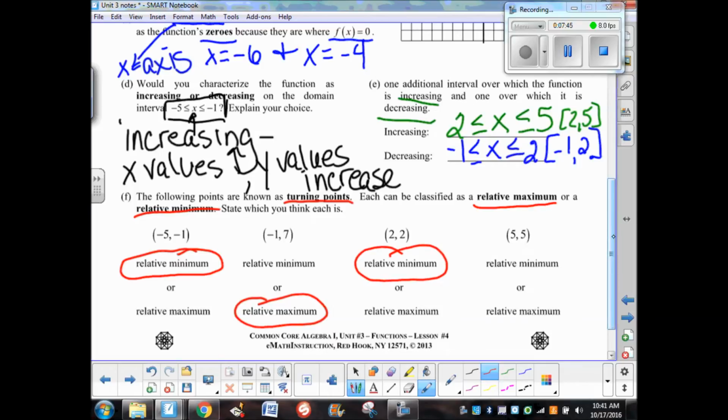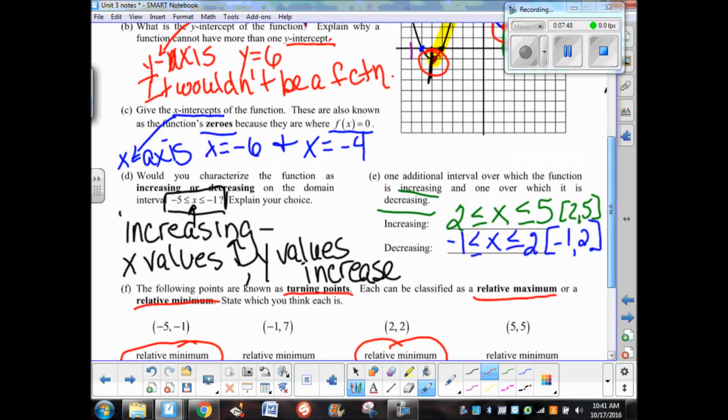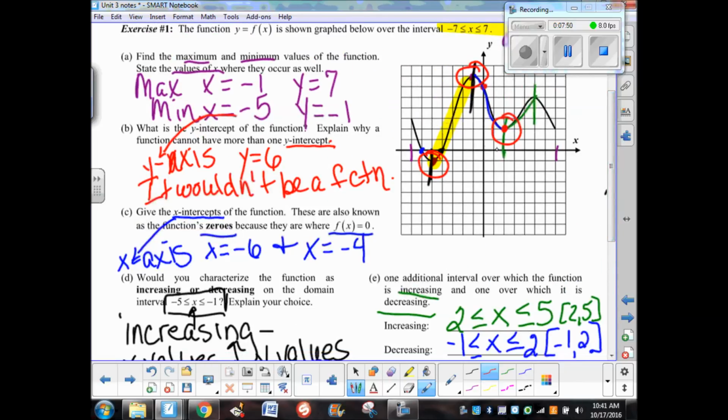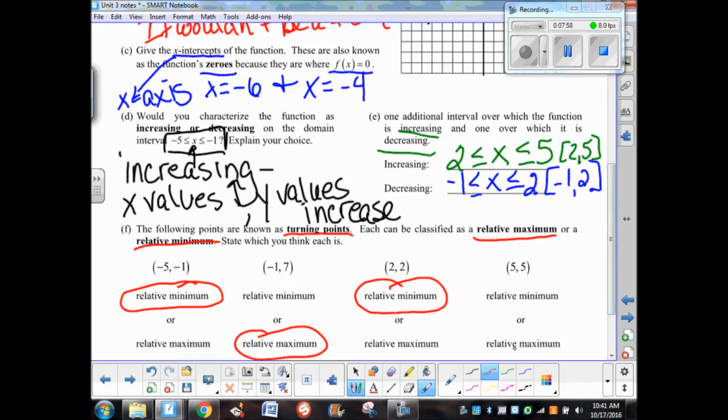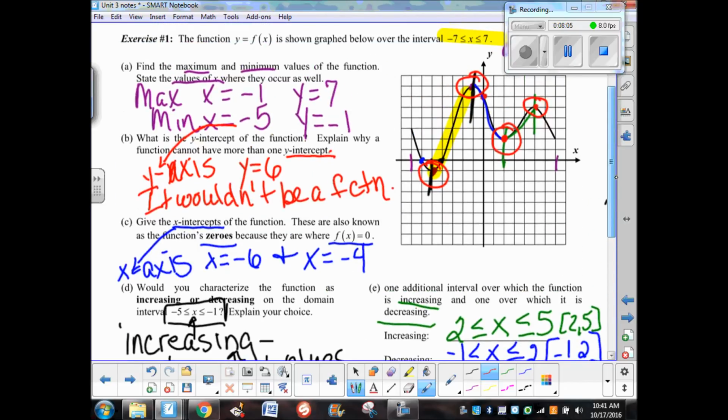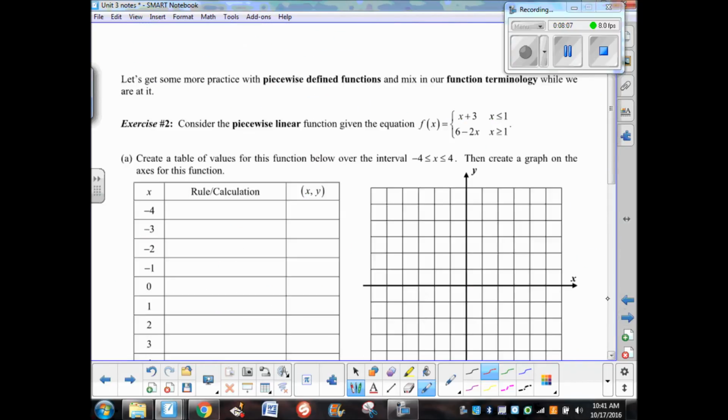Relative minimum. I tend to abbreviate that word. 5, 5: 1, 2, 3, 4, 5, 1, 2, 3, 4, 5. That point right there is going to be a high point, so that is a relative max.